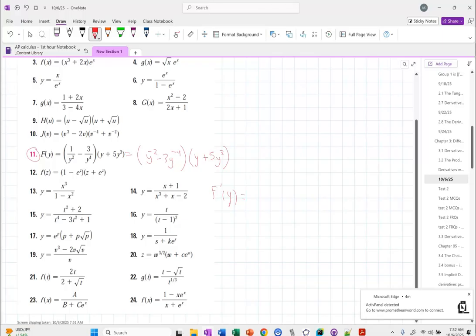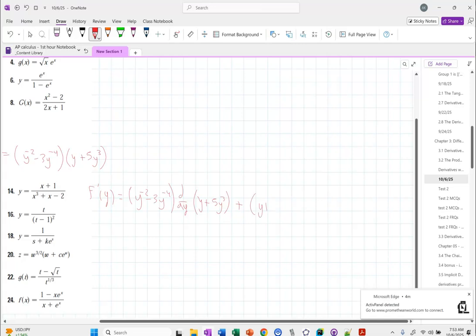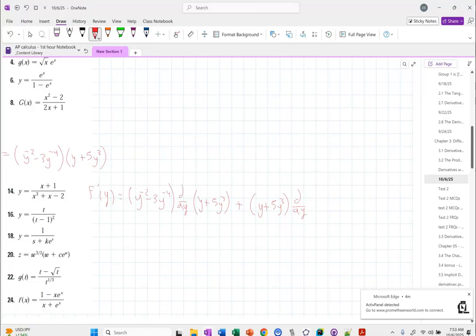So our derivative then should be that first factor times the derivative of the second factor plus the second factor times the derivative of the first factor.